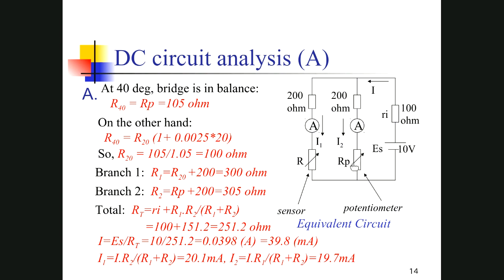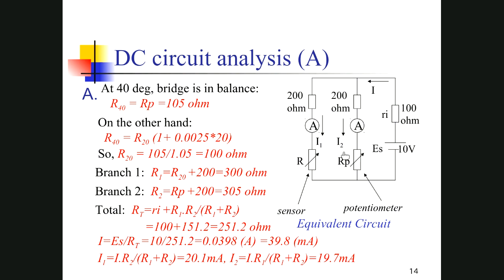In practice, we do not know the accurate value of the resistor R. When the temperature changes, it is changing. So on the other side, we can adjust the potentiometer. Here we use RP, where P stands for potentiometer. We can adjust this RP so that the current on branch 1 and branch 2 are balanced, the same.